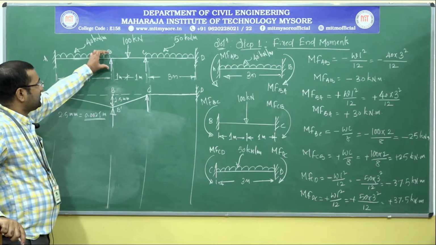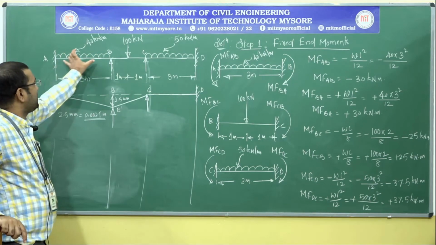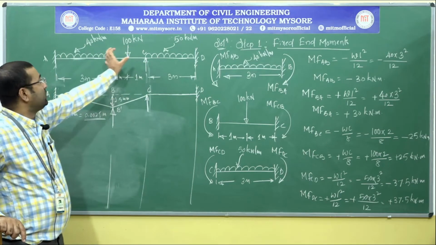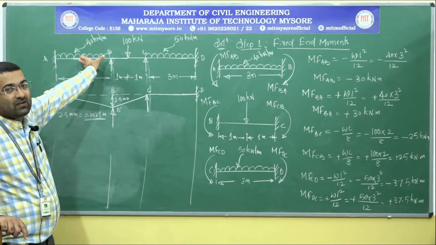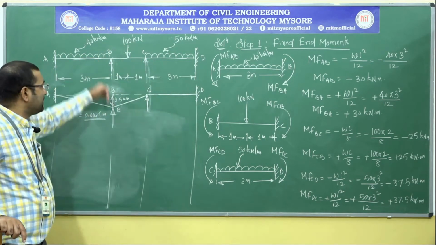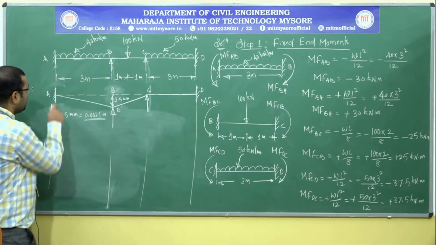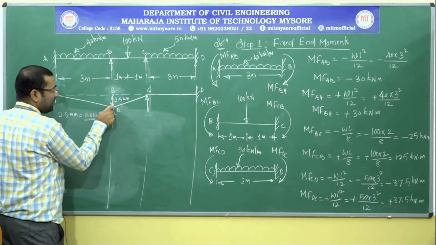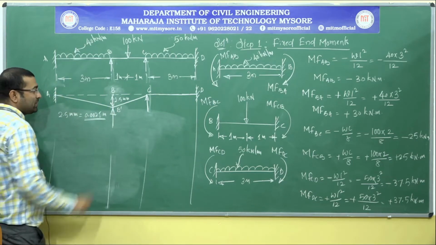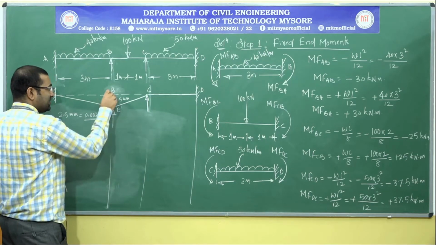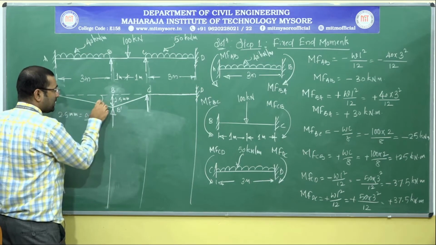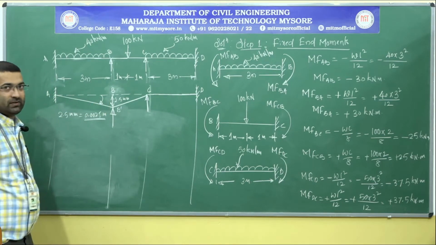As because of this sinking of support B, the span AB and span BC are getting affected. So we need to decide what is the delta value for span AB and what is the delta value for span BC, as their positions are changing. Now if you consider the span AB, the point A remains in the same position, only B is changing. So as a whole, the beam AB is rotating in the clockwise direction.